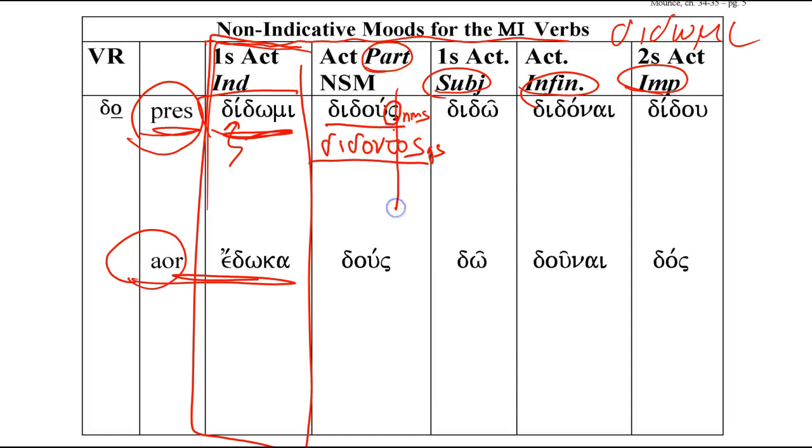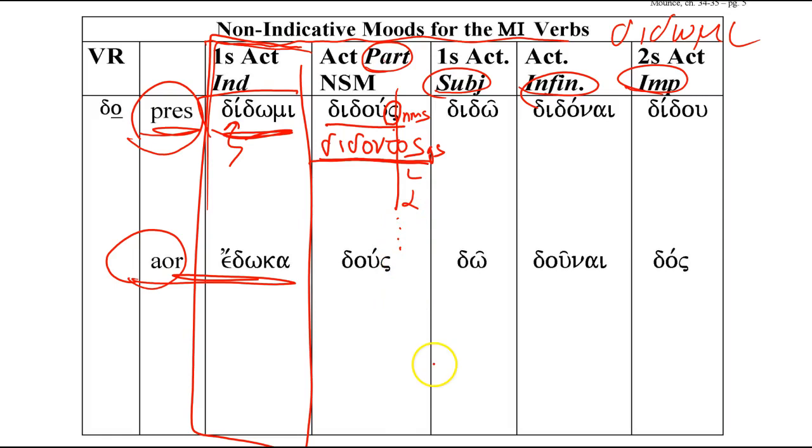So really, you already know the present participle form. Once you have the genitive stem διδόντος, you can go διδούς, διδόντος, διδόντι, διδόντα, and you just go all the way down the paradigm just as if it was λύω.